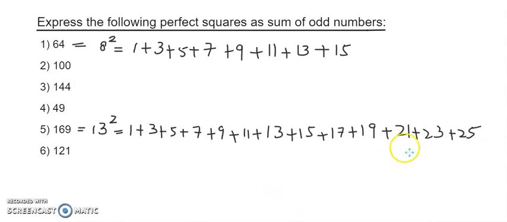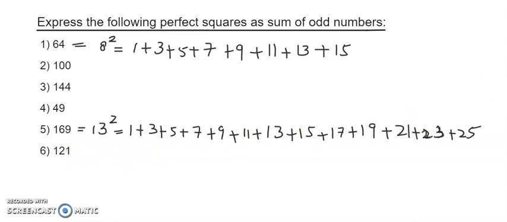Let's count whether I'm right or wrong with taking these many numbers. 1, 2, 3, up to 13. Correct? I've taken 13 odd numbers. Without adding, I got the direct answer. The remaining questions which I've left are for you to do.